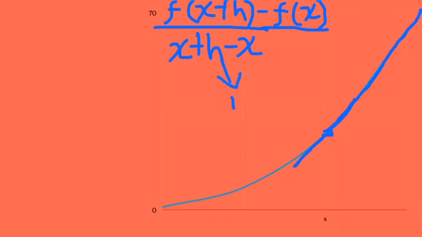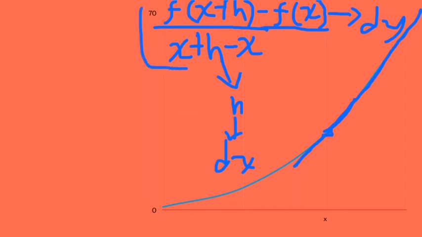This turns out to be h, and you could also write h as dx. You could also write this as dy. So as dx or h approaches 0, we get the limit, but this is not our g of x.